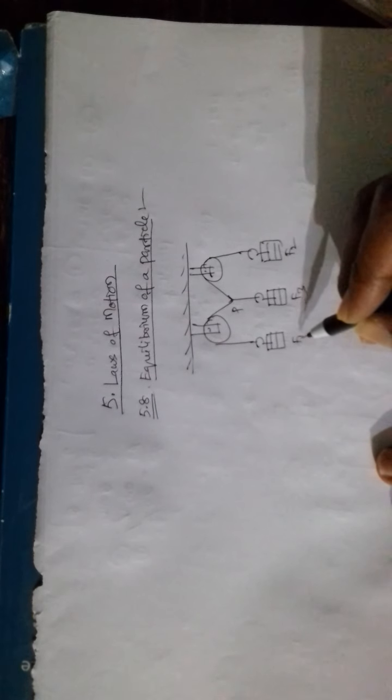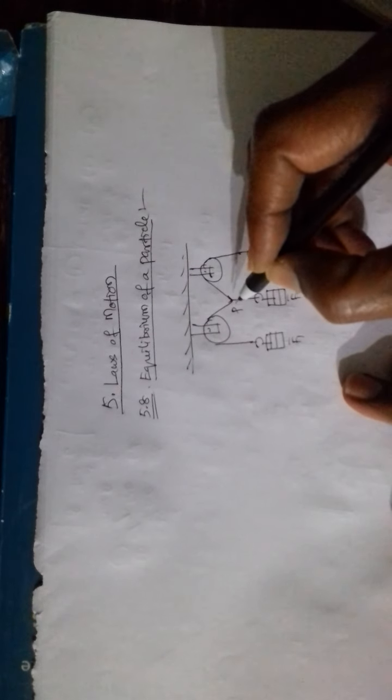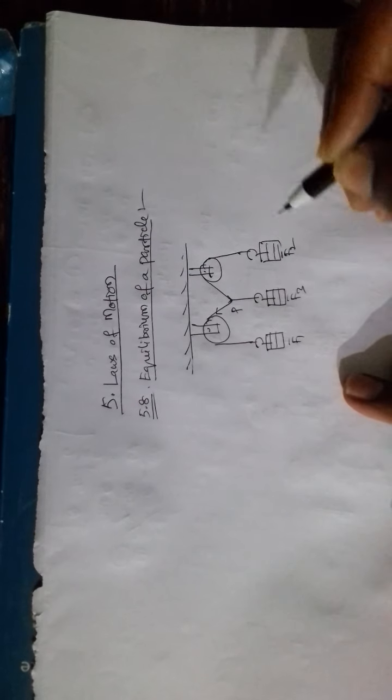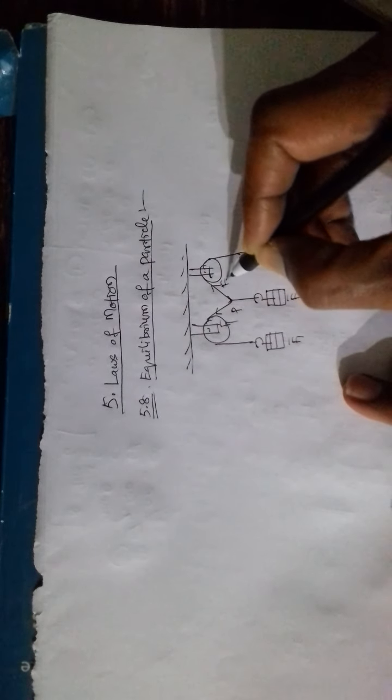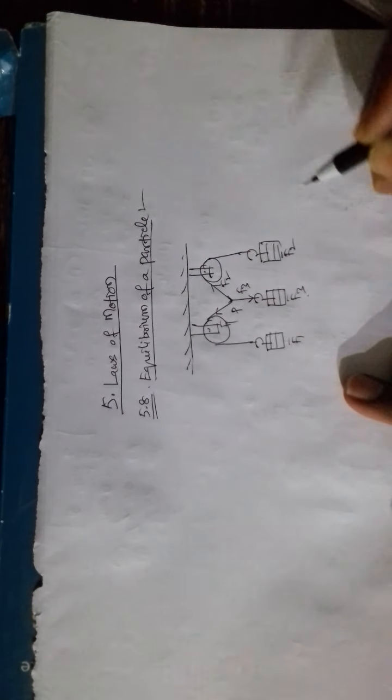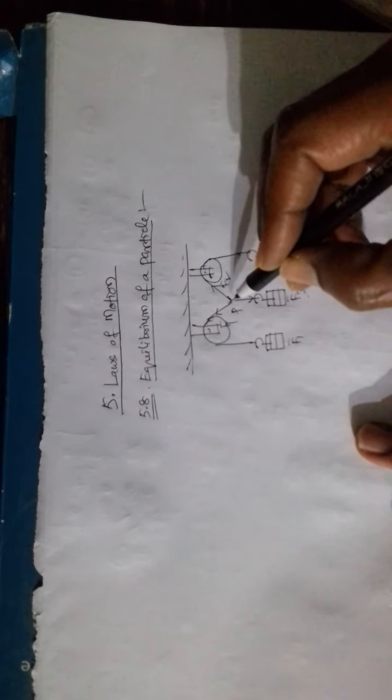Now the gravitational force on this be F1, on this F2, and on this F3. This gravitational force F1 will be pulling this point in this direction, and gravitational force F2 will be pulling the point P in this direction. This is F1, this is F2, and this force is pulling the point P in this direction. So on point P, three forces are working.